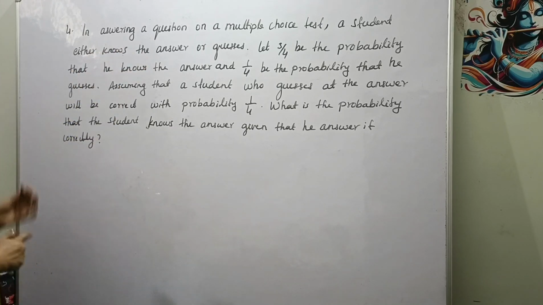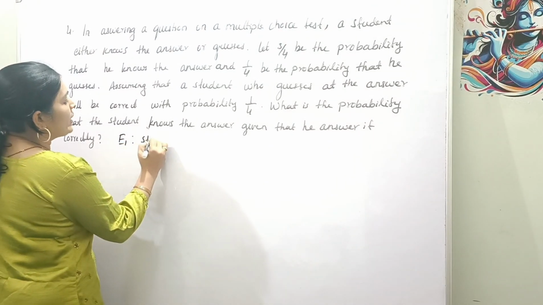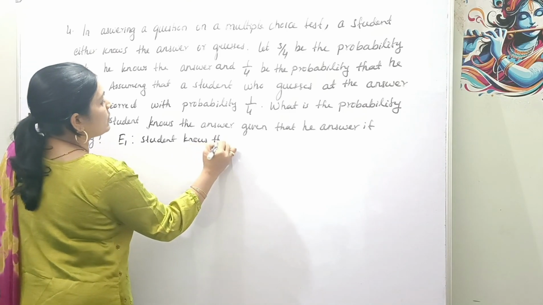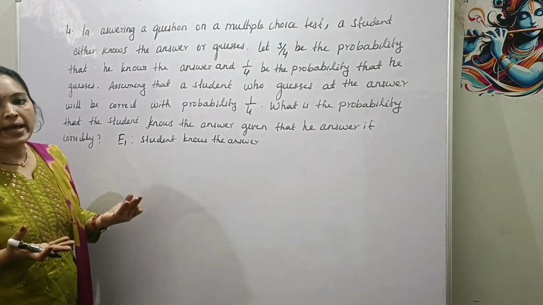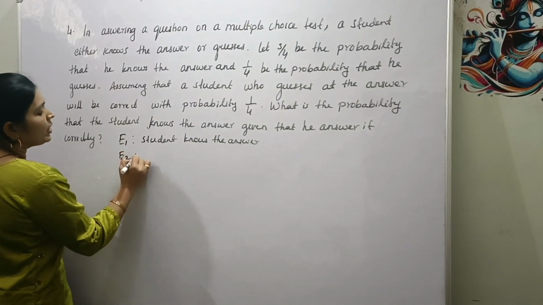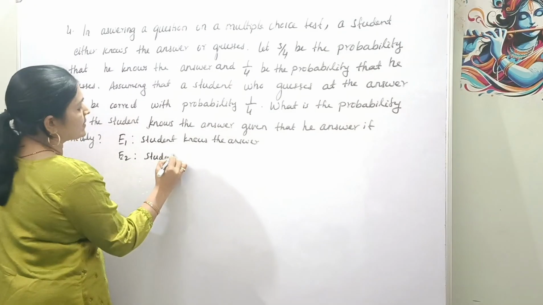So for that, let E1 be the event, student knows the answer. If the student knows the answer, the answer is correct, right? And another type, E2, is the event, student guesses the answer.